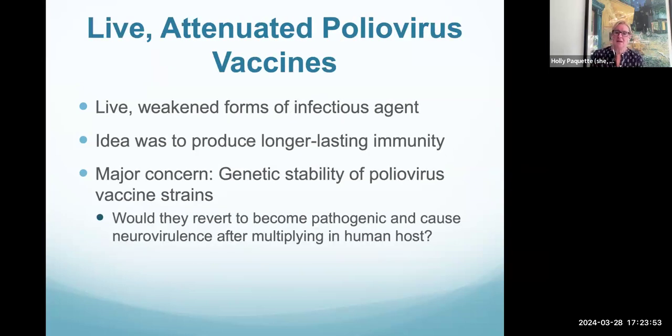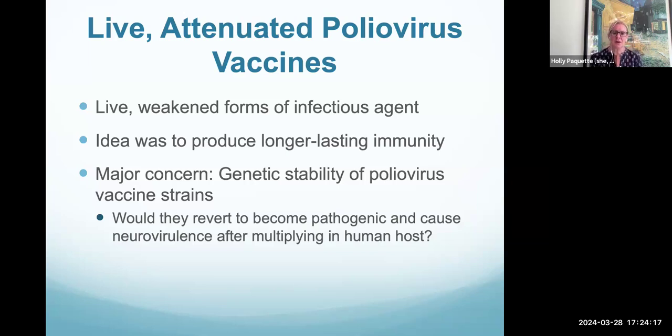There was then a live attenuated poliovirus vaccine. And remember, live attenuated means that there's something about it that it shouldn't cause disease in the person, but it has the ability to replicate and it can actually spread. There is fear with that, though, in the idea that it could mutate, become pathogenic and cause disease in humans.